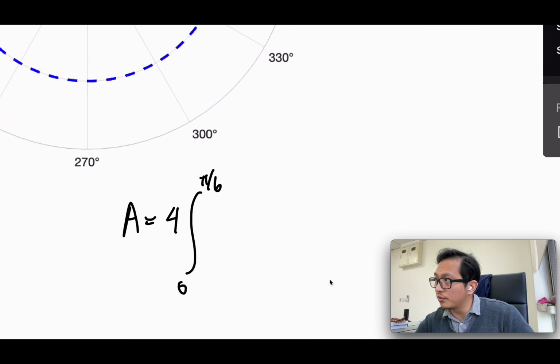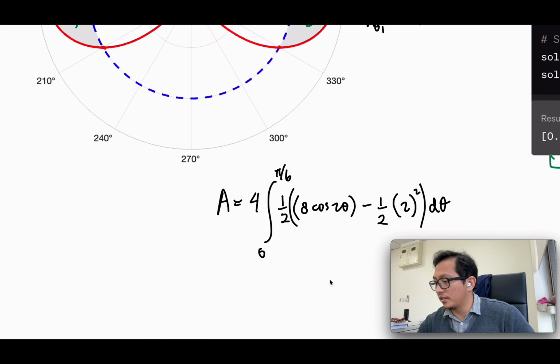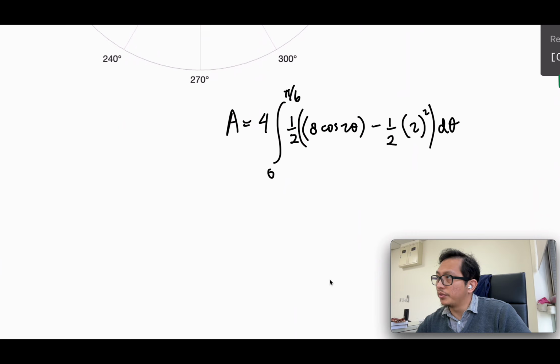We just need to write half, and then 8 cosine 2 theta, minus half, and then this is just 2, squared. I think this is precisely the build up for the integral, and it is quite easy to solve.